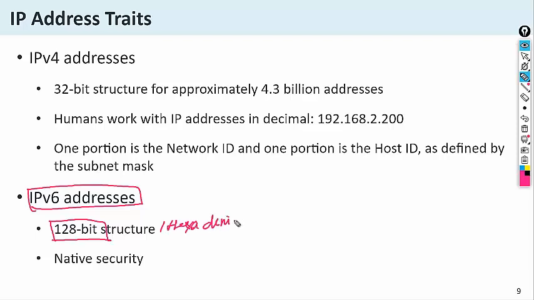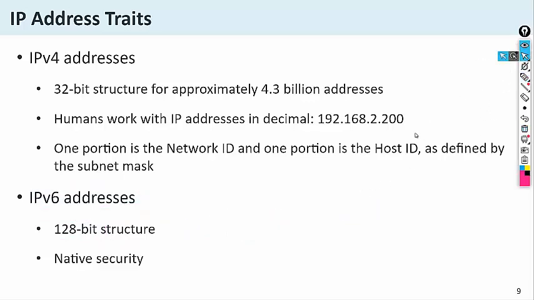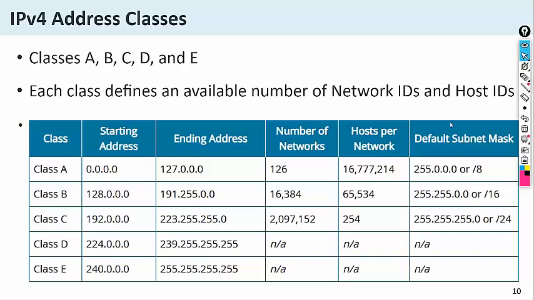You already know the hexadecimal values 0 to 9 and A to F. This is the hexadecimal value. And it has native security, meaning inbuilt security exists inside.